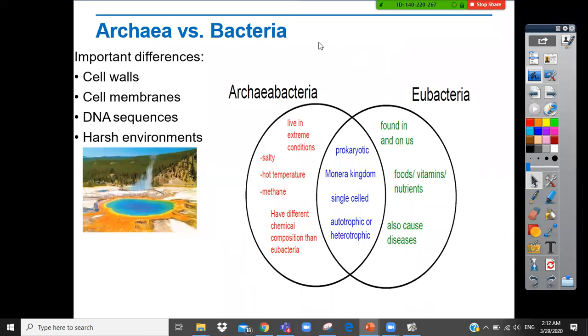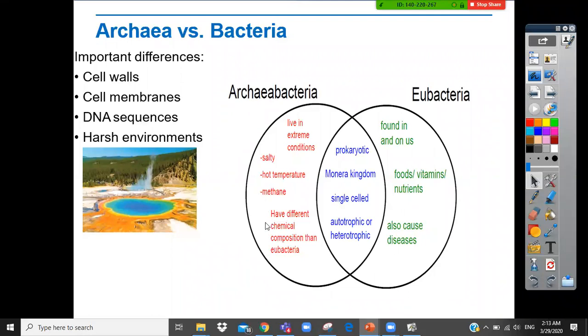As we said, prokaryotes have two main types, archaea and bacteria, or we can call it eubacteria. The main difference between them is that archaea is capable of living in very extreme conditions like a salty environment or a very hot temperature environment, or even an environment that is rich in methane gas.